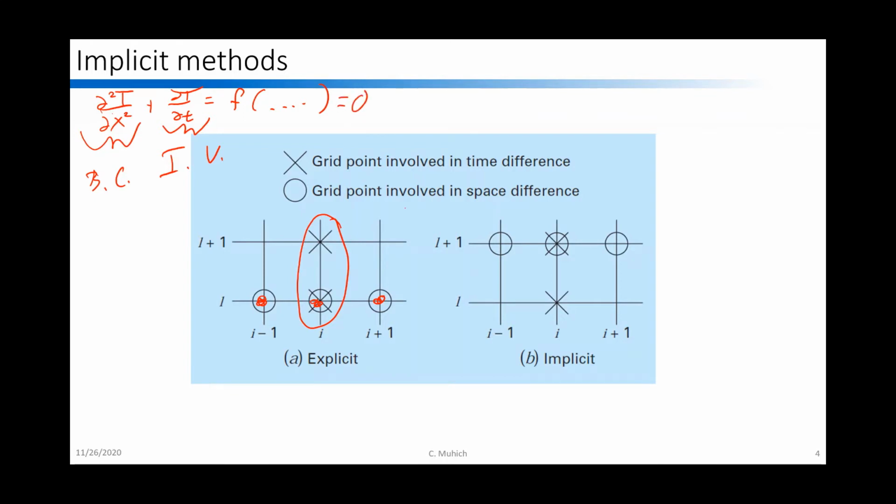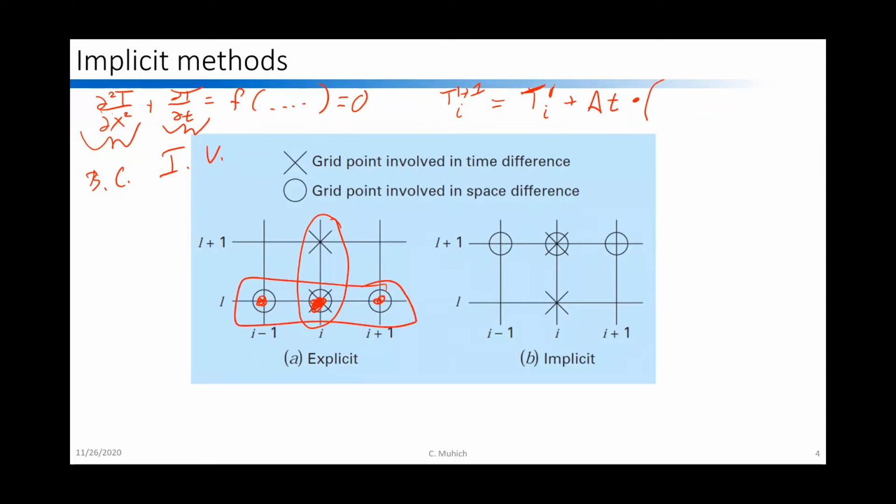We had said that in the explicit method, T at L plus 1 at point I would be T at point L, so that time point, at point I, plus my time step times whatever that second derivative was.